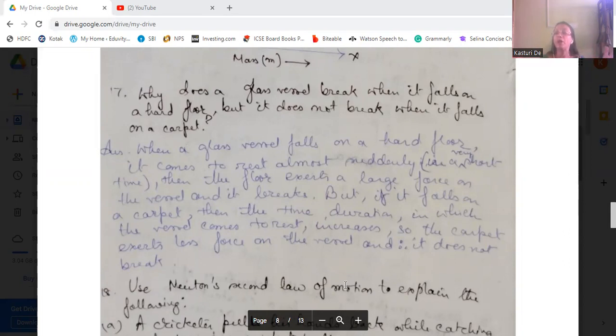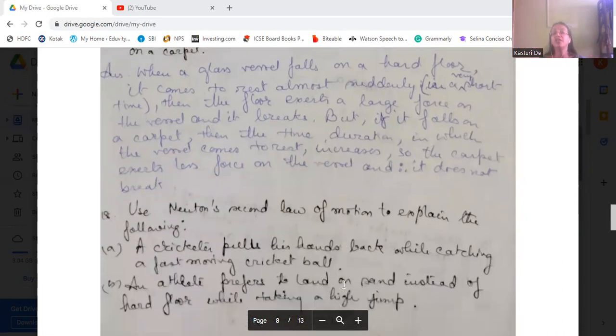But when it falls on the carpet, the time duration in which the vessel comes to rest will be more. The carpet will exert less force on the vessel, and so it will come to rest in more time. So the vessel will not break.